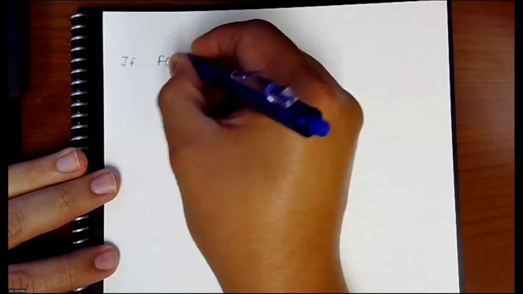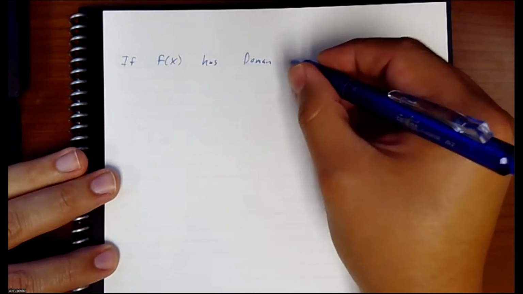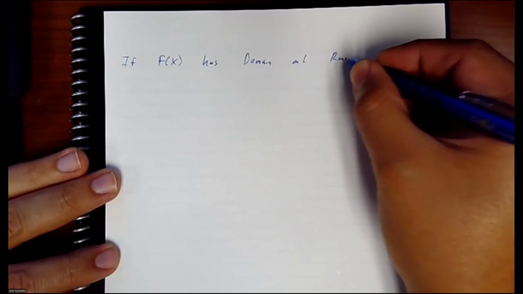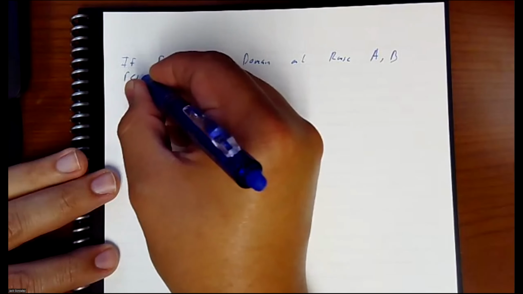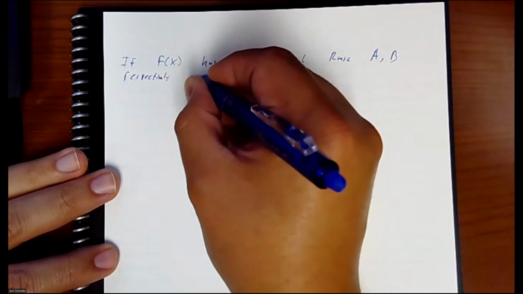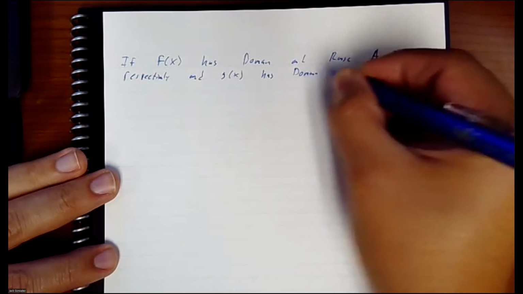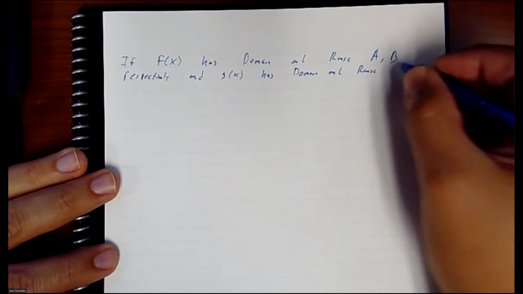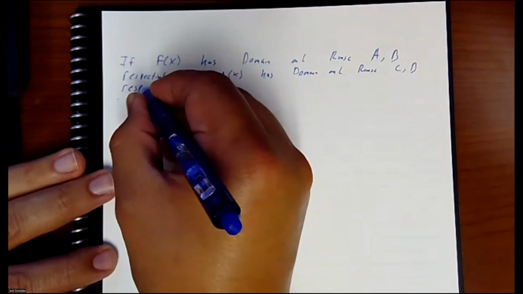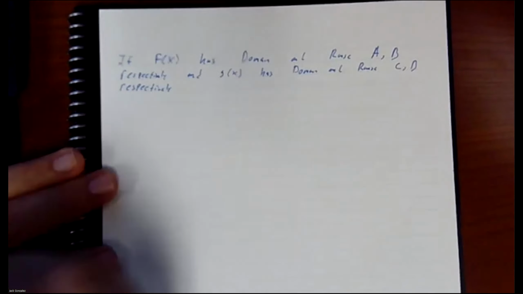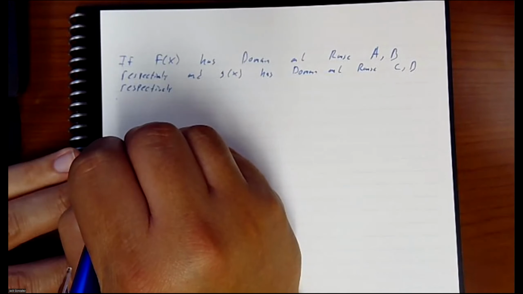If f has domain and range A, comma, B, respectively, and G has domain and range C, comma, D, respectively, you know what?